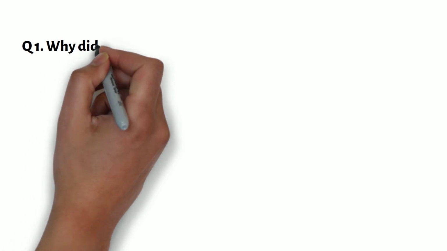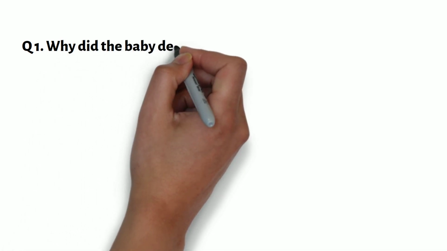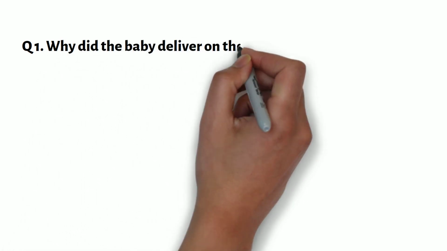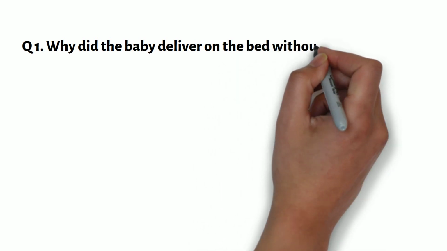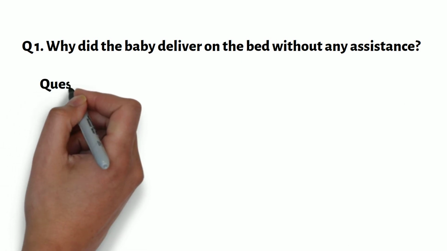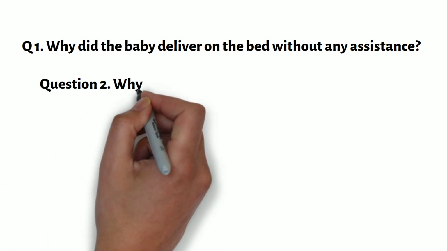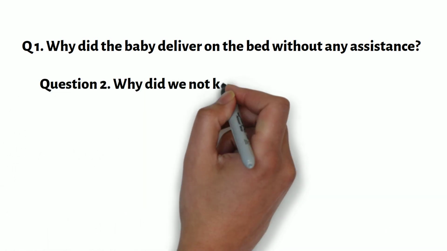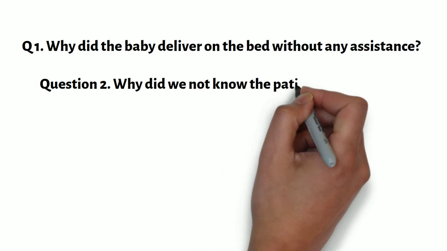The fourth question is, how could we have avoided this problem? Obviously, the answer is, if we had examined the patient vaginally, we would have avoided this problem and we would have known that this patient is in early labor or in established labor.